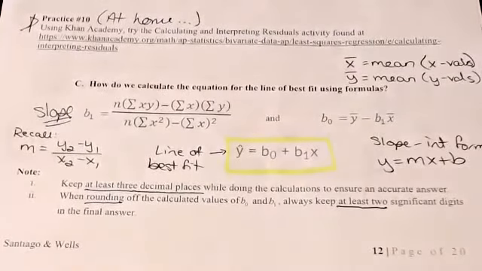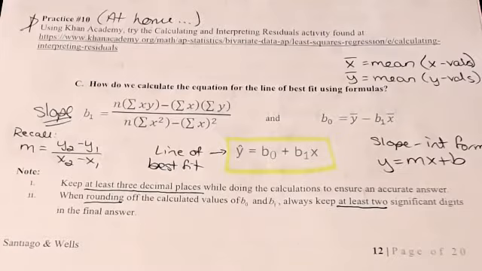Perfection, okay? We don't want to round too much, especially as we're doing our calculations. So we want at least 3, which means 3 or more decimal places. We don't want to round too much. We want to be as accurate as possible. But then when we actually present our answers in the equation, y hat is equal to b sub 0 plus b sub 1 x, we want to round, right?